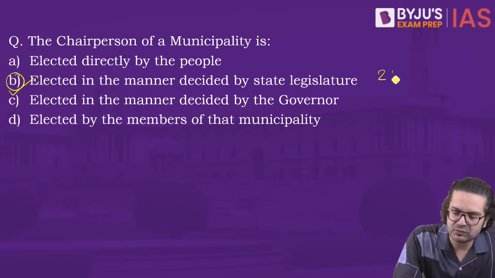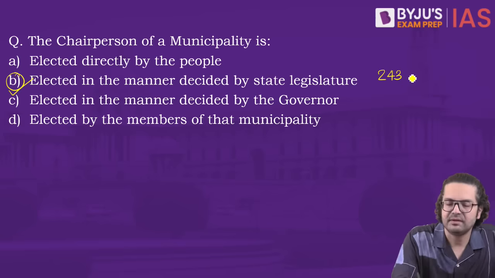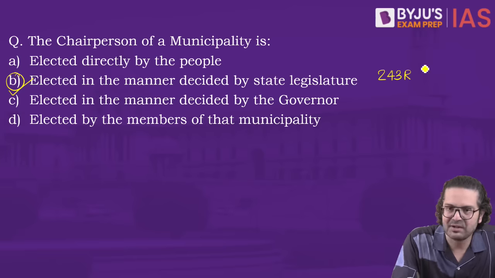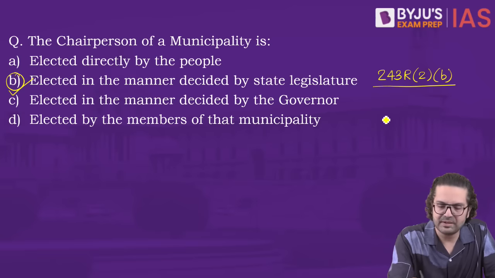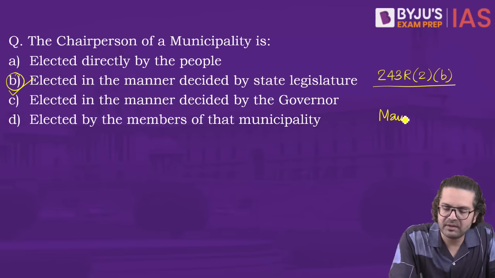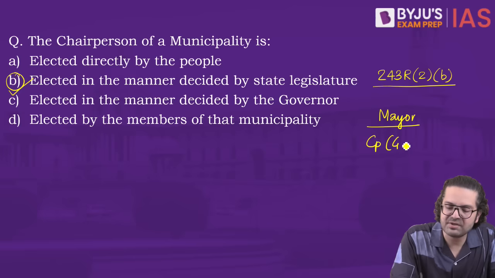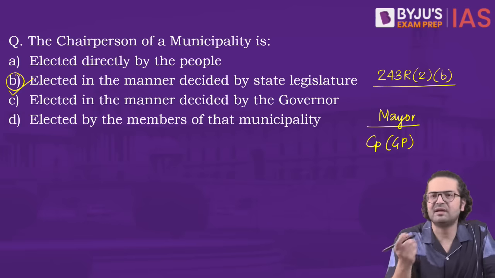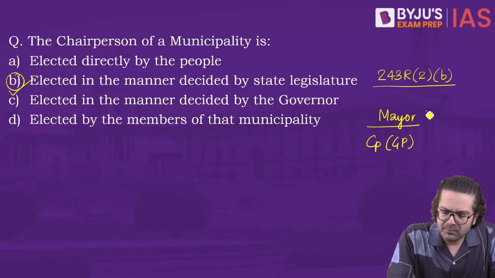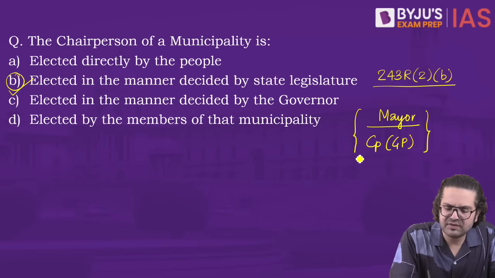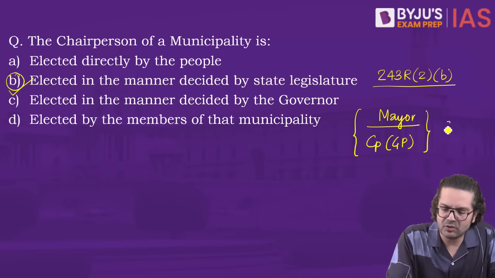This is Article 243 R, capital R, clause 2. I think subclause B, but this is not required. Just remember that the chairperson of the municipality, who is popularly known as mayor in most cities, or the chairperson of the Gram Panchayat, who is popularly called Sarpanch, Mukhya, President, Pradhan, etc. Both these people's elections is neither direct nor indirect, or can be both.